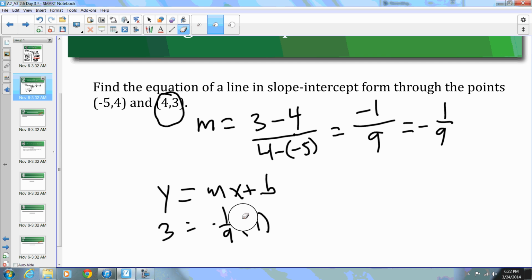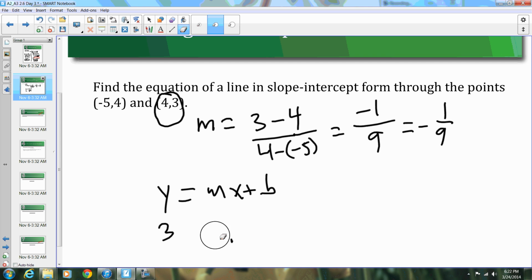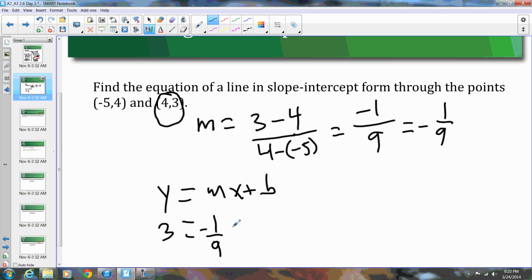We are erasing and erasing. In fact, let me rewrite this, that's just easier. Okay, so my slope is negative 1/9 times my x value, 4, in the coordinate point (4, 3), and plus b.